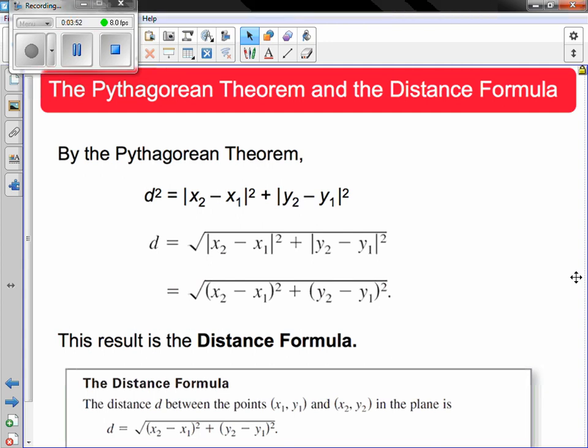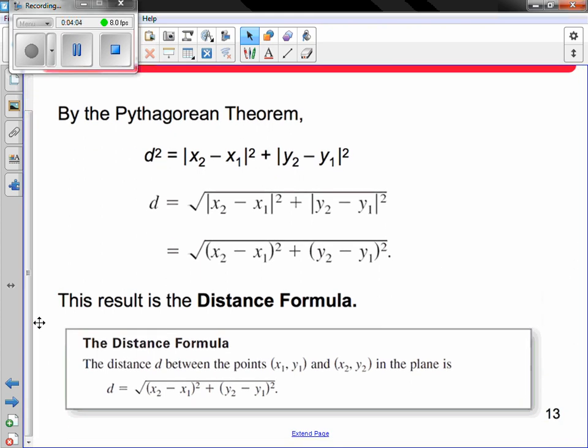Now, if you notice, this should look familiar. You know what it is? It's the distance formula. So the distance formula really comes from the Pythagorean theorem. That's actually how they get it. They don't normally talk about it that way, but that's really what it is.